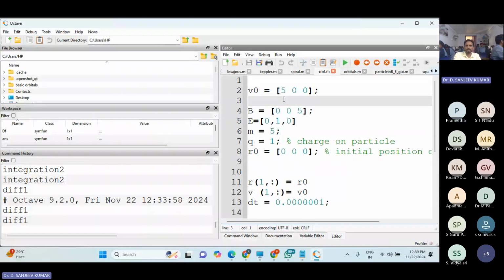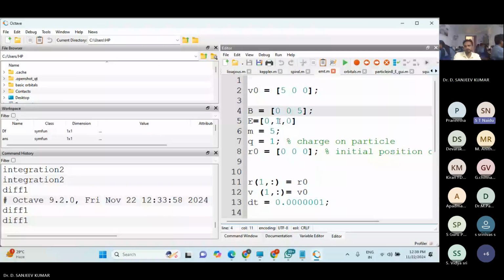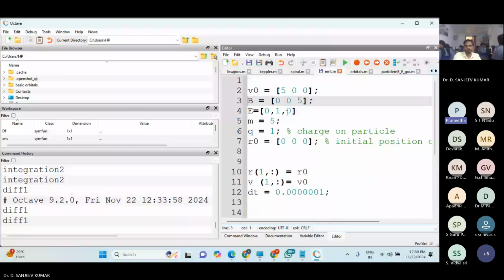The magnetic field is along the z direction. The electric field is along the y direction. So I'm considering three vectors: V0, initial velocity, 5, 0, 0. Magnetic field B, 0, 0, 5, applied along the z direction.